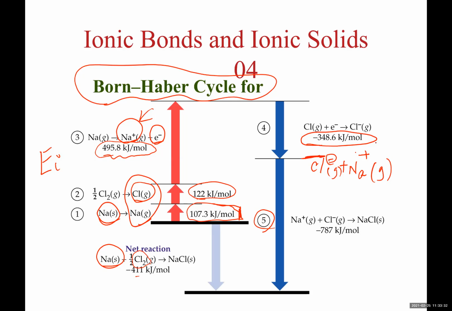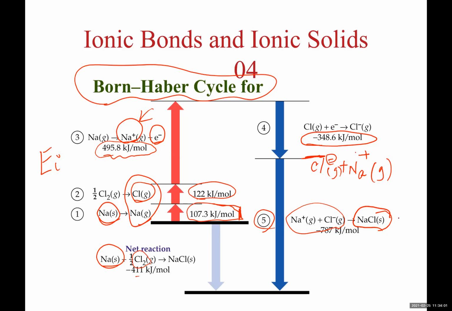But we don't want gaseous NaCl, we want solid NaCl. In other words, when these two are made, they make a bond together and they solidify, they make a crystal structure, a cubic structure.